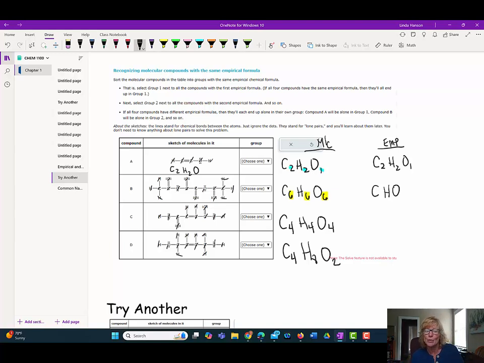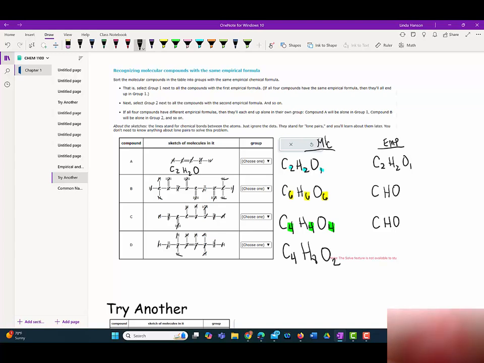The empirical formula represents that 6 to 6 to 6 being reduced to the lowest whole number form, 1 to 1 to 1. And you know what else? I see this doing the same thing. This 4, 4, 4 in compound C can also be rewritten as CHO, the lowest whole number ratio, all divisible by 4, making them ones in the lowest form possible.